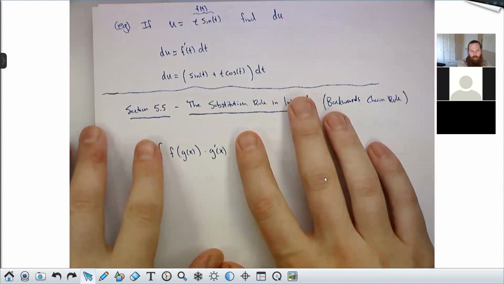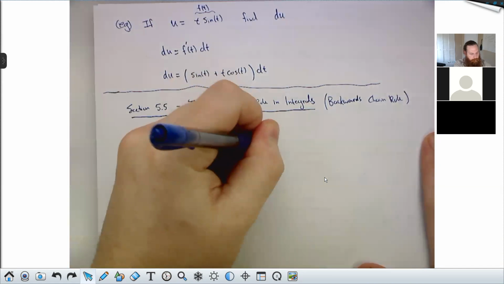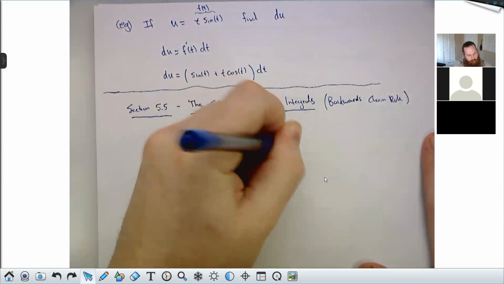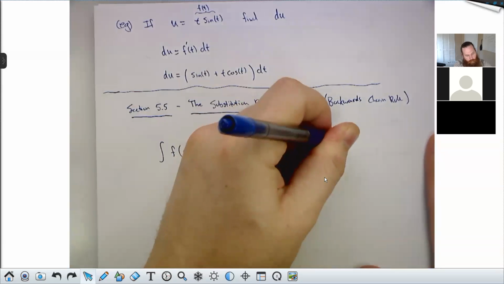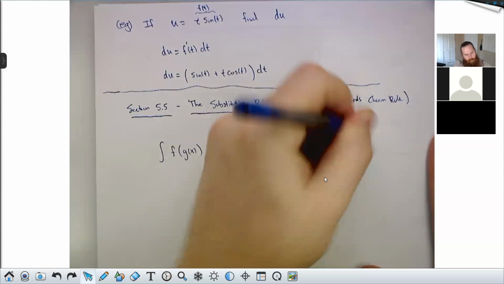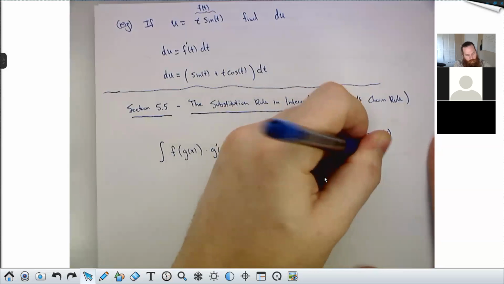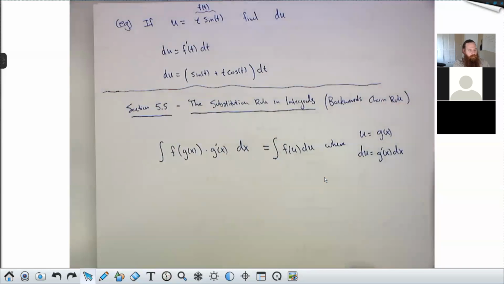If this was an f primed of g of x, then this would be exactly what you get from differentiating f of g. What the substitution rule says is that this is the same as doing the integral of f of u du, where u is equal to g of x, and thus du would be g primed of x dx.